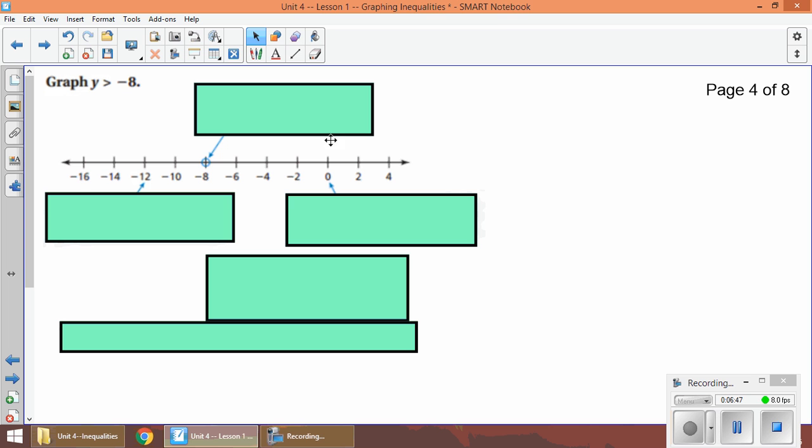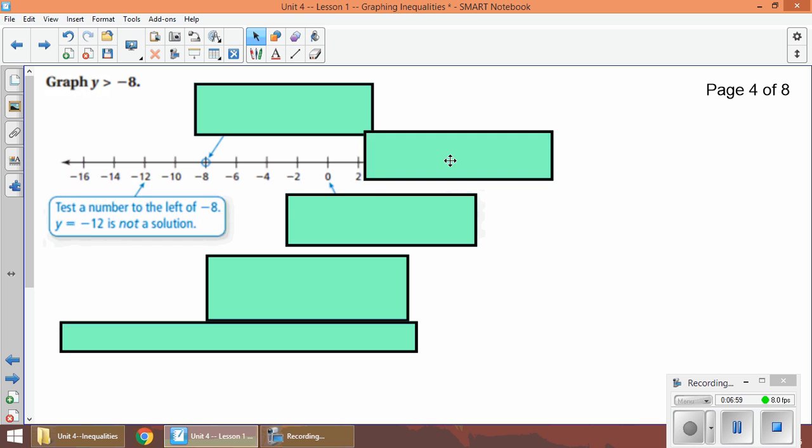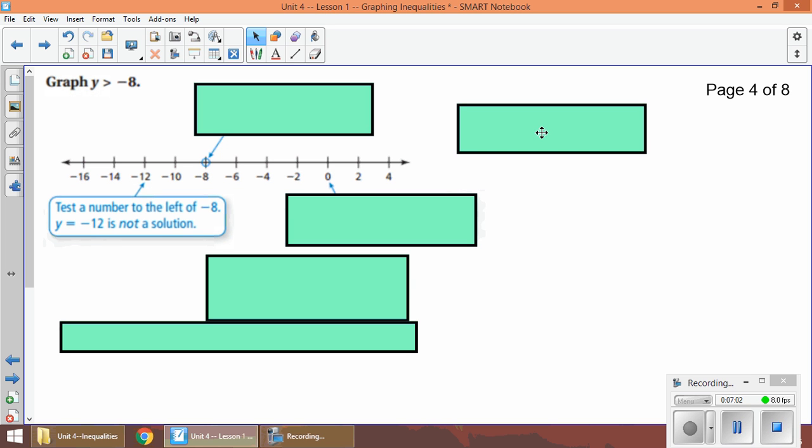So when I look at a number line, which direction represents greater? If I'm at 0 and I start going to the left, are my numbers getting bigger or smaller? And hopefully you're saying smaller. So -12 is not bigger than -8. So these solutions here, or these numbers here, are not solutions. So I'm going to take a look at 0.